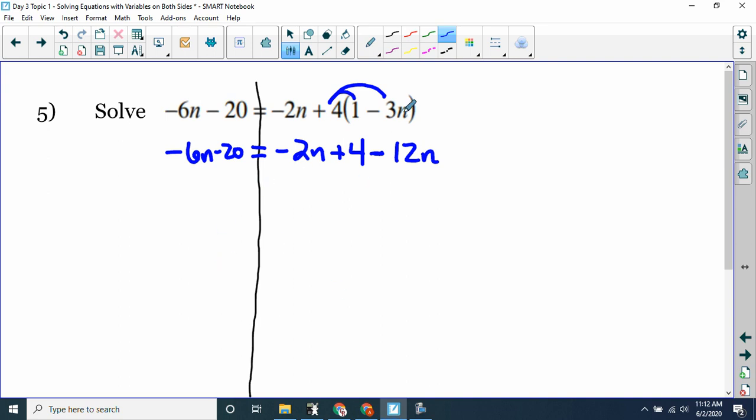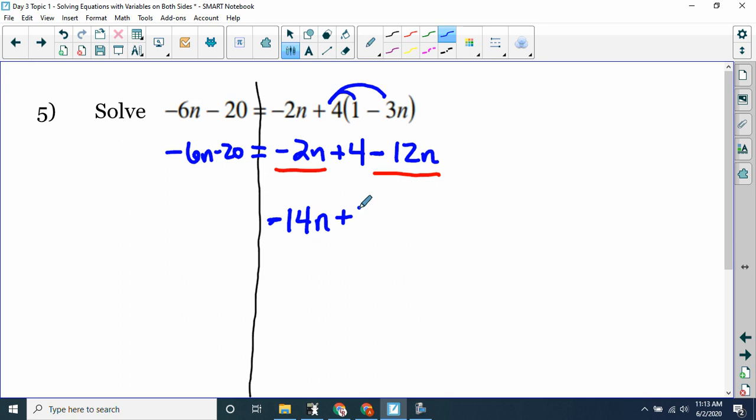Next thing we should notice is that on this side over here, I have like terms. Negative 2n and minus 12n. Those are like terms. I can combine them. They're both negative, and I'm combining them up. So I'm going to do 2 plus 12 is 14n. And they were both negative, so it is negative 14n.